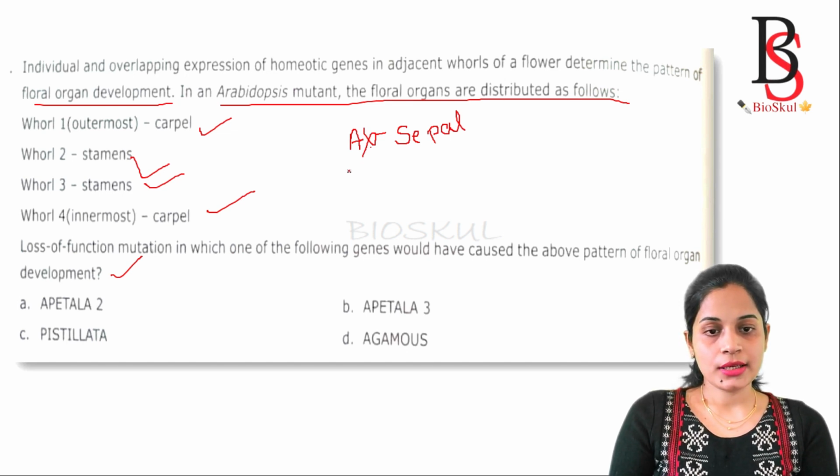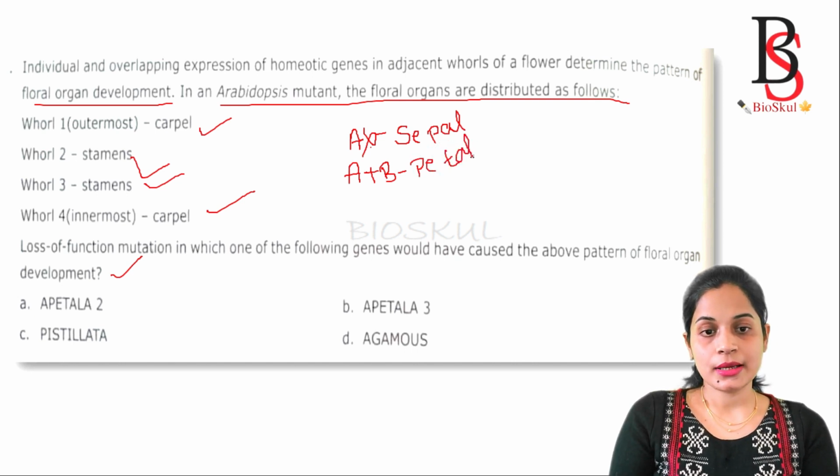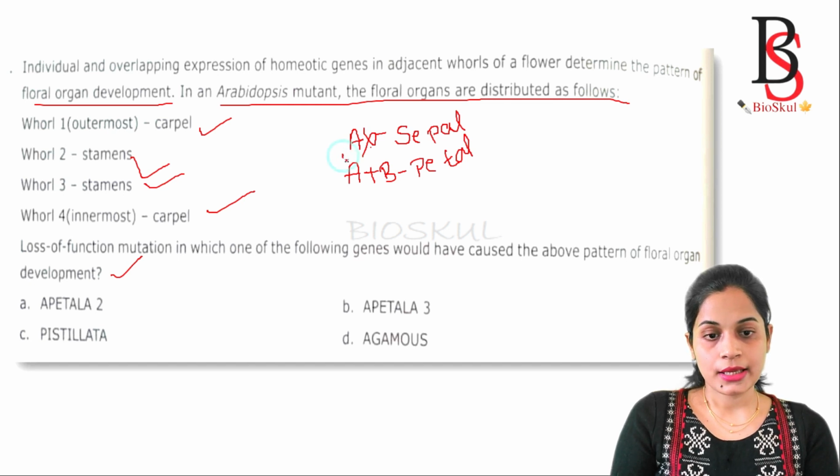And we know that for the petal formation also the gene A is required, that is A plus B equal to petals. But here the petal is absent. Petal is absent because A is lost.